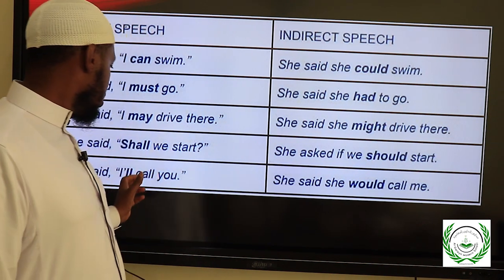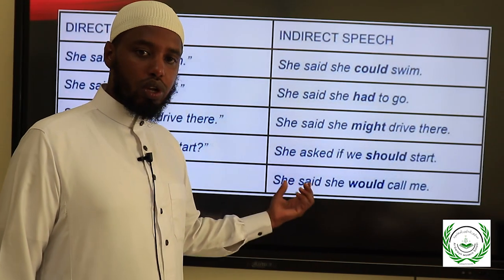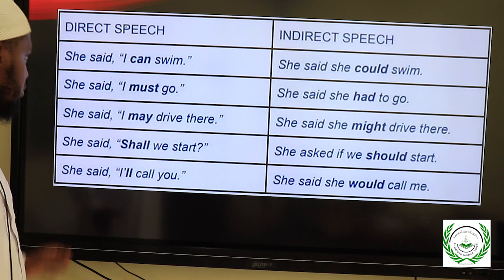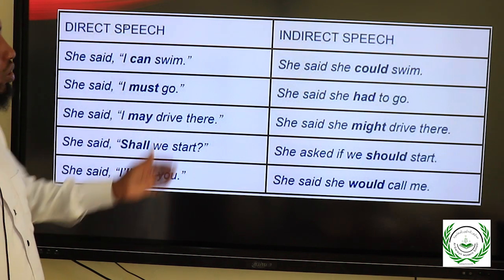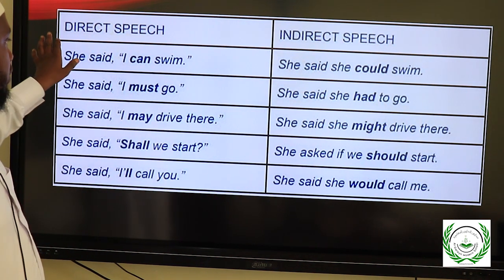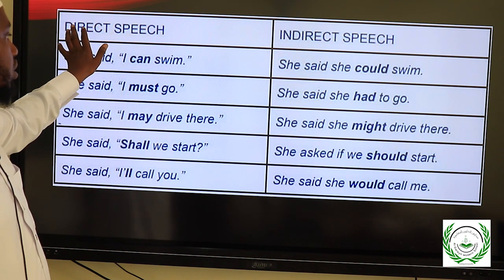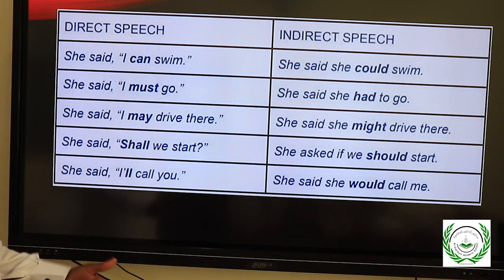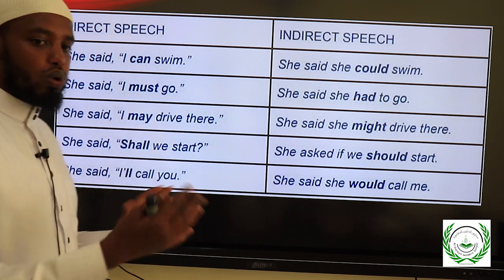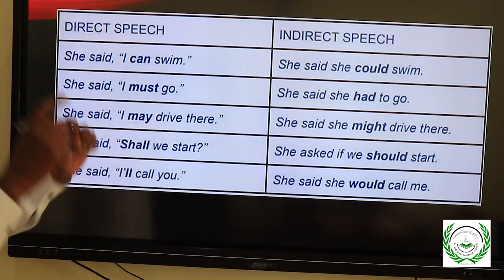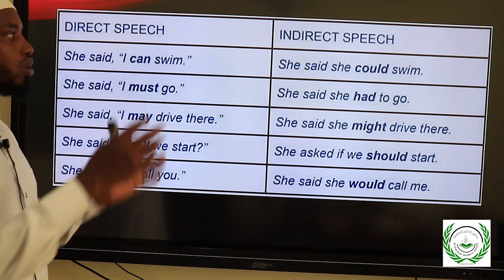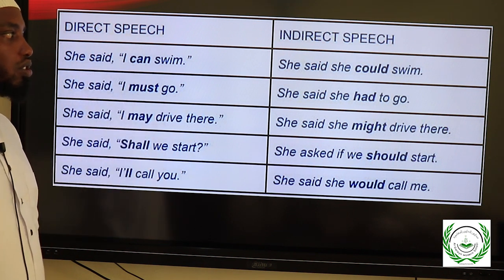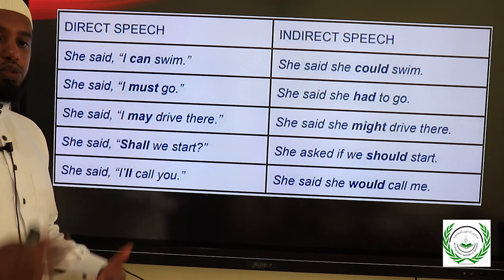So we changed I'll call you, will to would. This is direct speech, the person was speaking, then you can just say I can swim without she said. But now we're reporting the person's speech. So there are two ways to report what the person said. You can use his exact words, or you can make changes but express the same meaning.